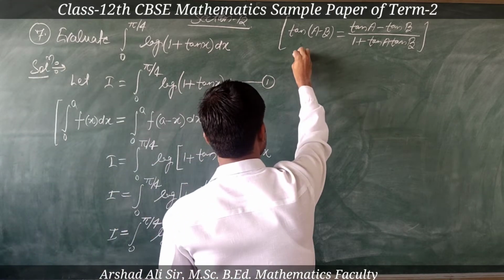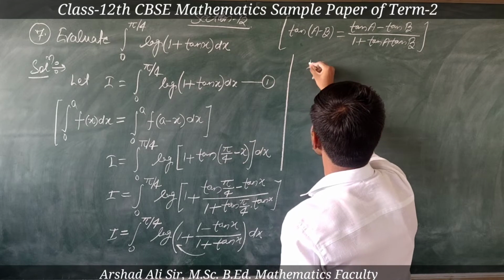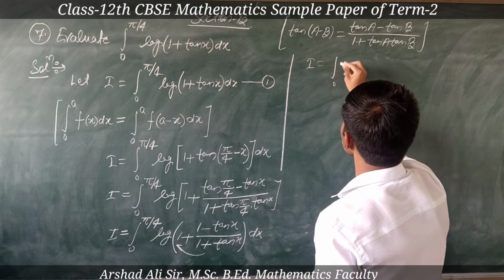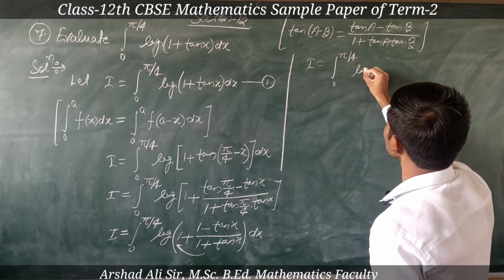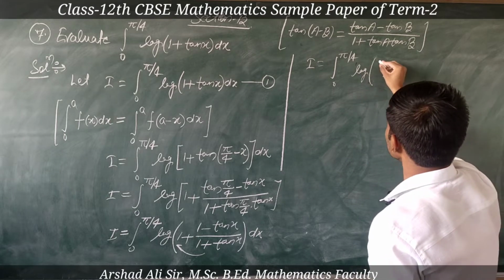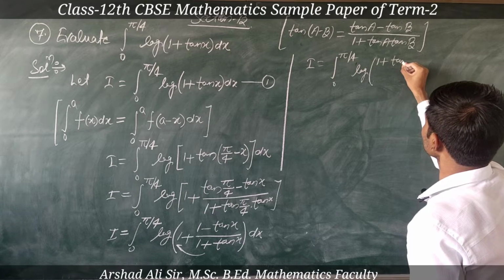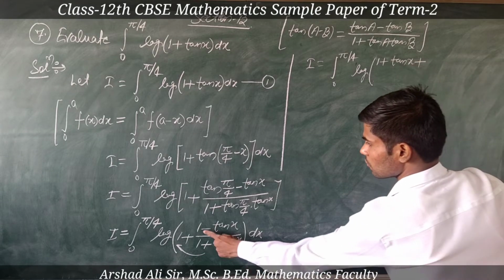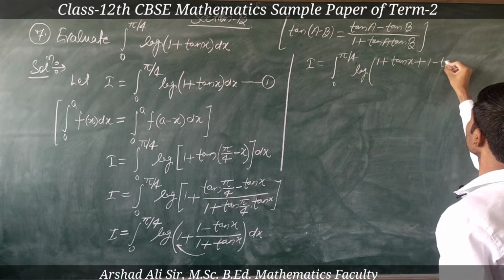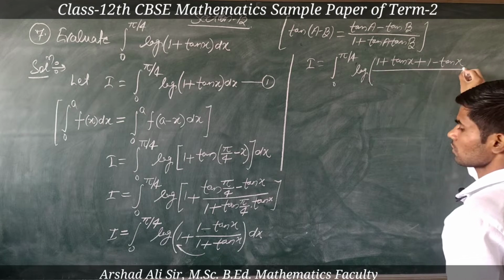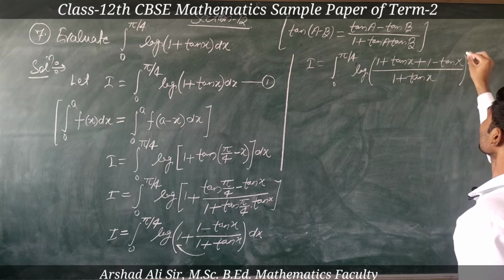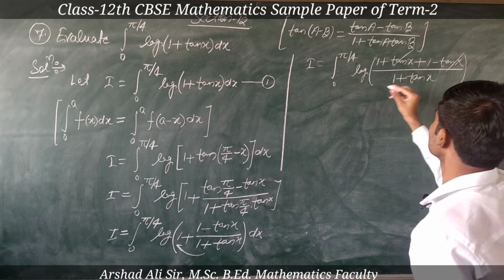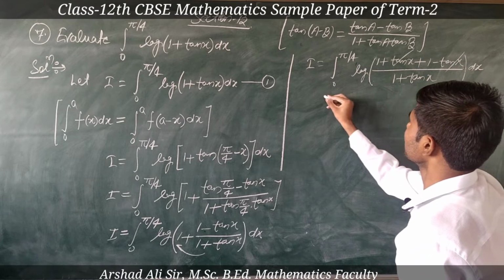So here we can write I is equal to limit 0 to pi by 4 logarithmic 1 plus tan x plus 1 minus tan x upon 1 plus tan x. We can cancel minus tan x by plus tan x. dx will be same.